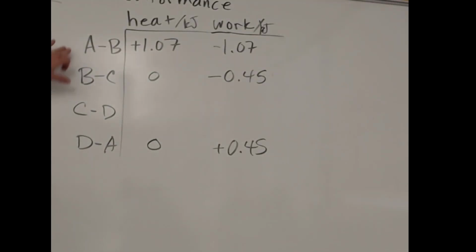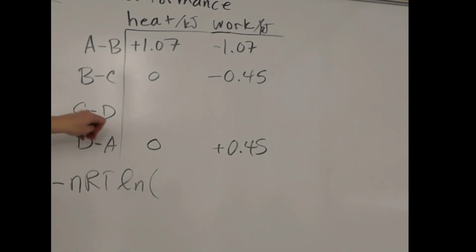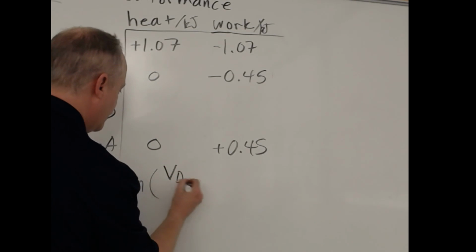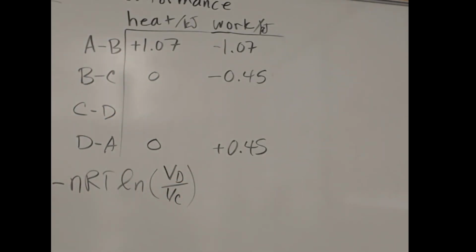Just like we did for A to B, we're going to use that isothermal equation. This time it's a compression, but the work is equal to minus nRT natural log of final volume over initial volume. In this case, we're going from C to D, and so D is going to be our final volume. Okay?